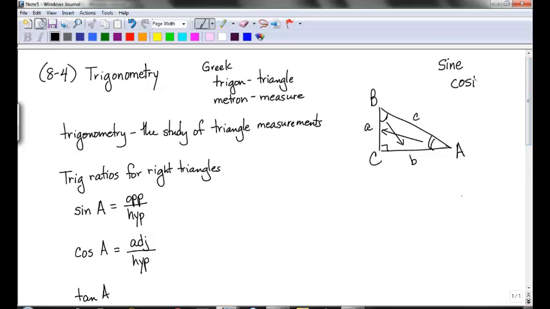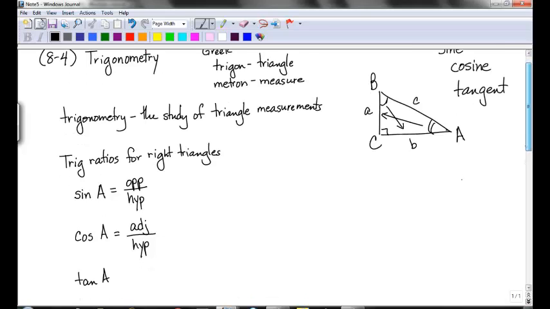Cosine looks like this, cosine, but we're abbreviating it. And tangent looks like this, but we're abbreviating it to TAN. Tangent is the opposite over the adjacent. Okay, opposite over the adjacent.